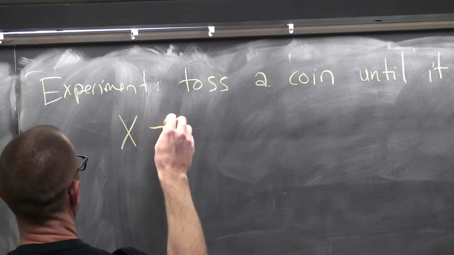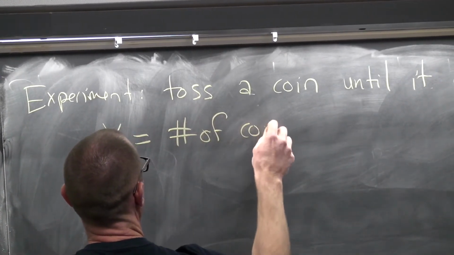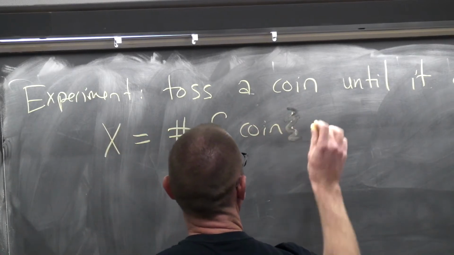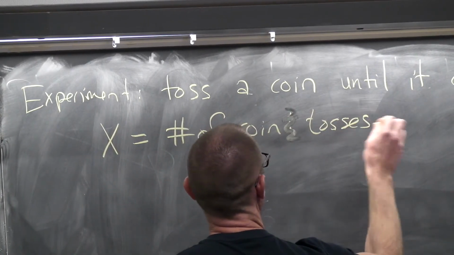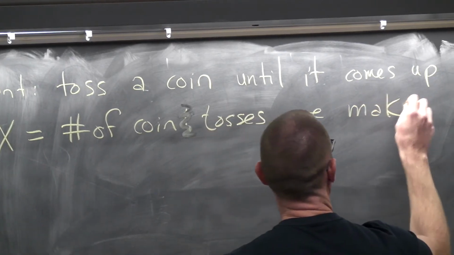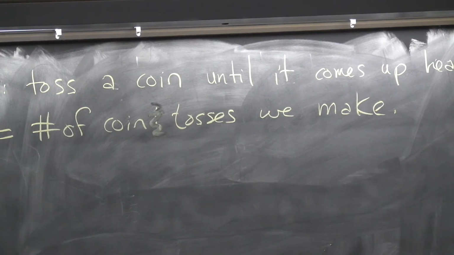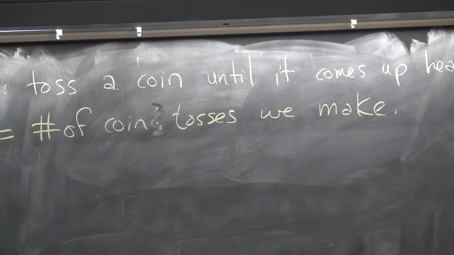I will say that X is a random variable equal to the number of coin tosses we make. So it's an easy experiment.